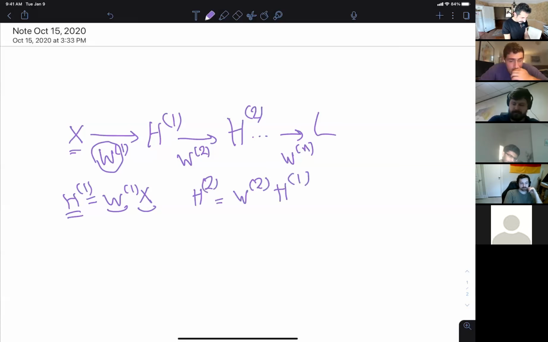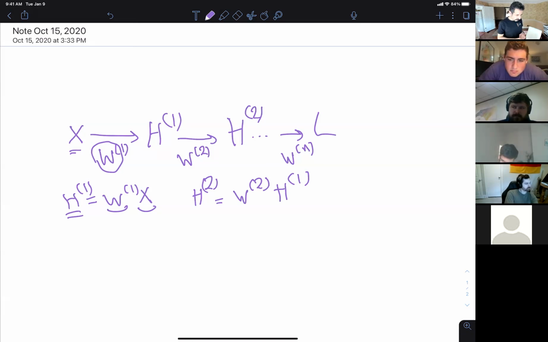Previously, you had the small w, right? And this w was basically a vector, right? Now here with this notation, we put together all of these weight vectors into a matrix.